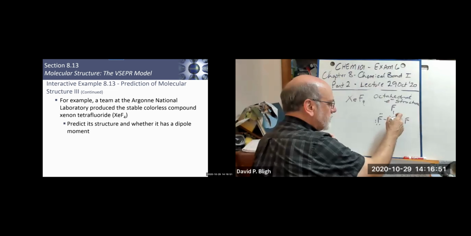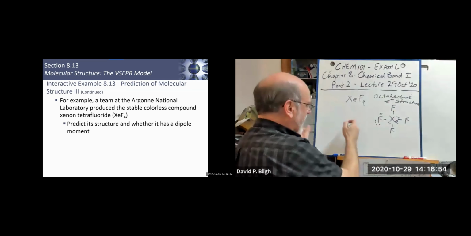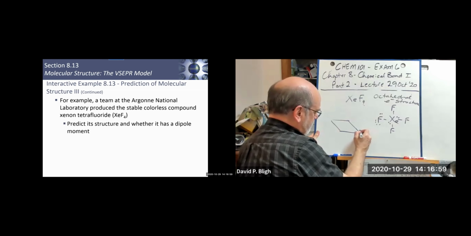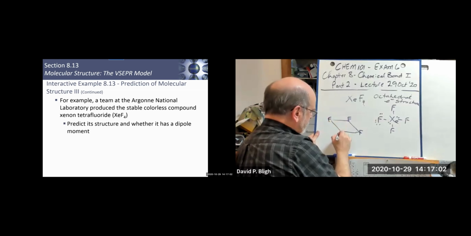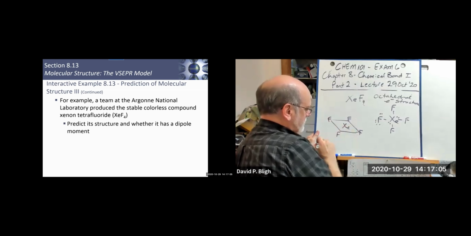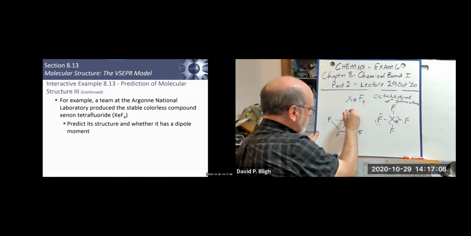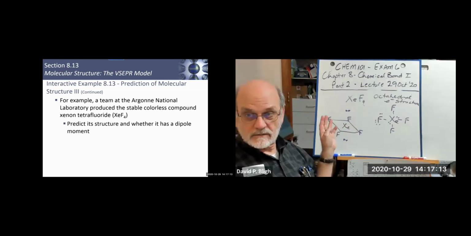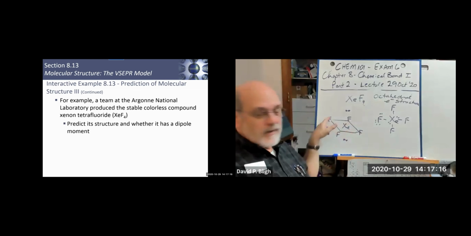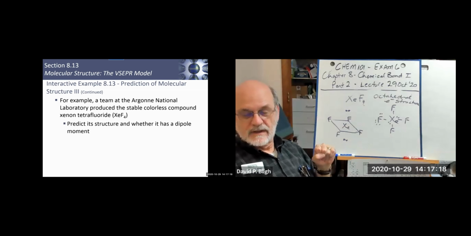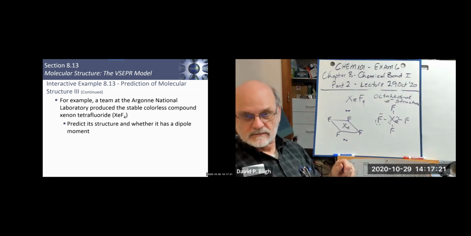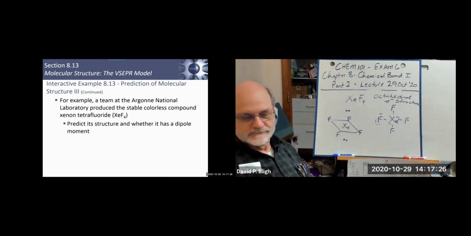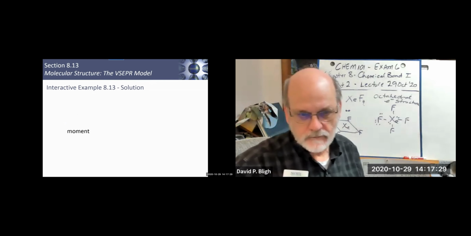Well, let's lay it flat. Xenon in the middle, then we put a lone pair up here and a lone pair down here. That's your octahedron electronic structure. But how about the molecular structure? It's square planar. All of these fluorines are in the same plane, and they're on a square.